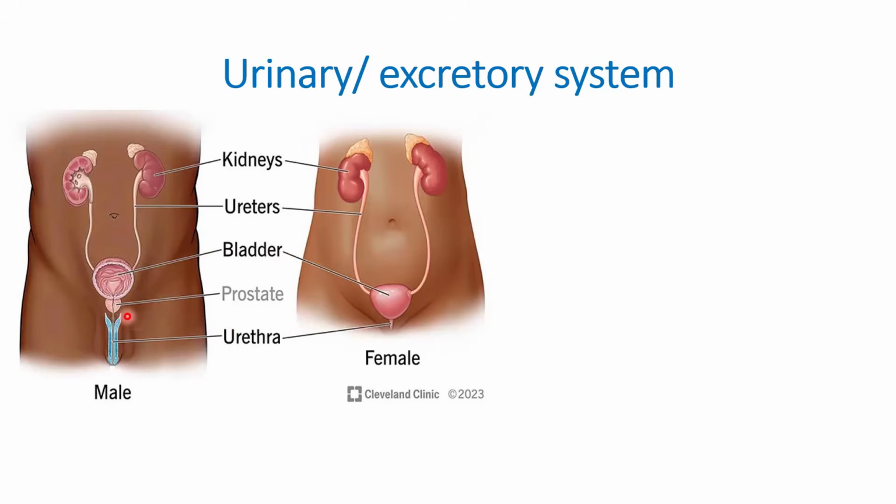Of course, the urethra in males is long, and in females it's short. That's one of the differences between a male urethra and a female urethra. So those are the components of the urinary system: kidneys, ureters, bladder, and the urethra.